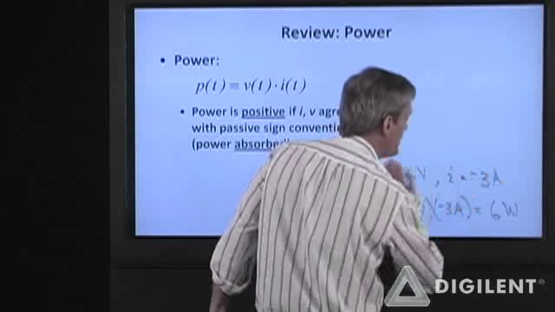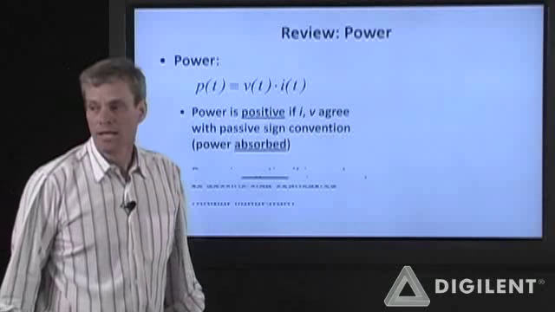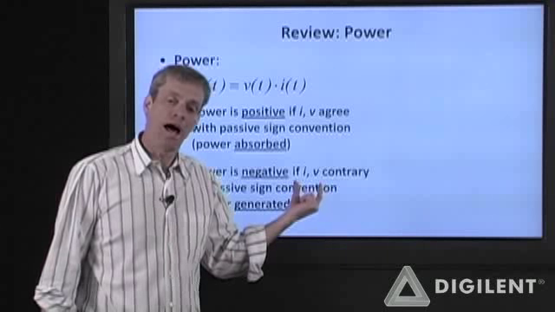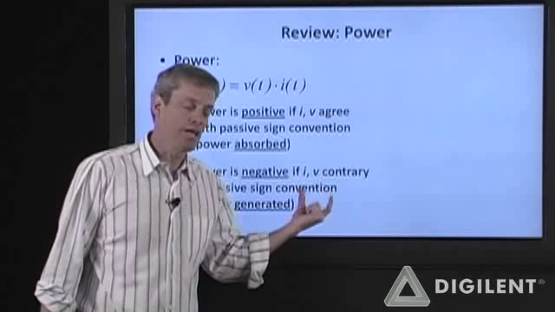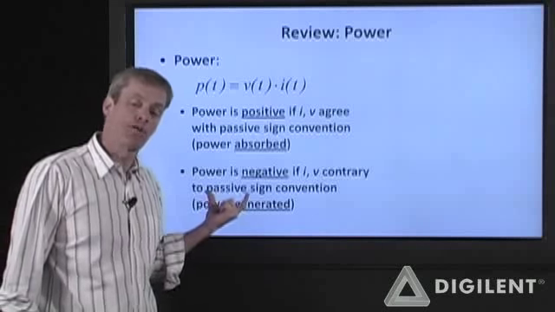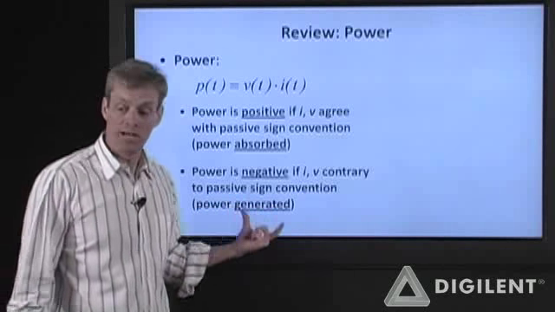If the element is generating power, the power is going to turn out to be negative. That happens if I or V individually have an opposite sign relative to the passive sign convention. If current is going into the negative voltage node, power is generated.